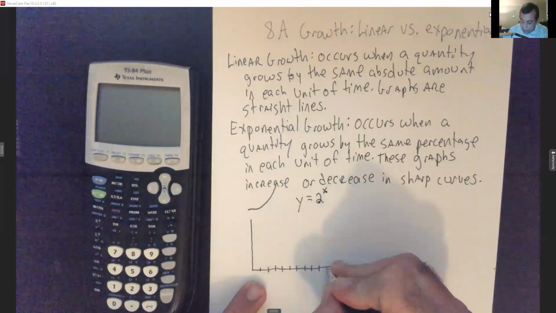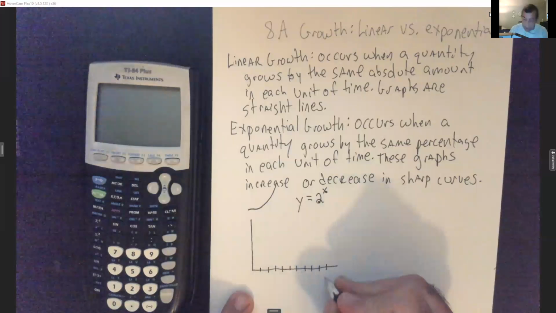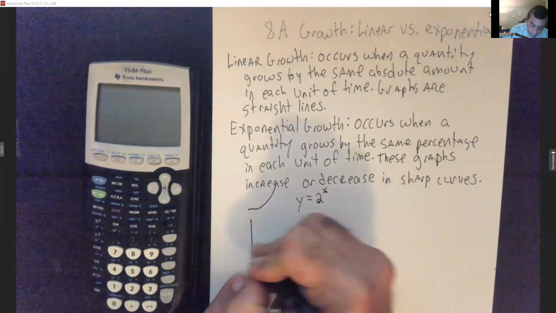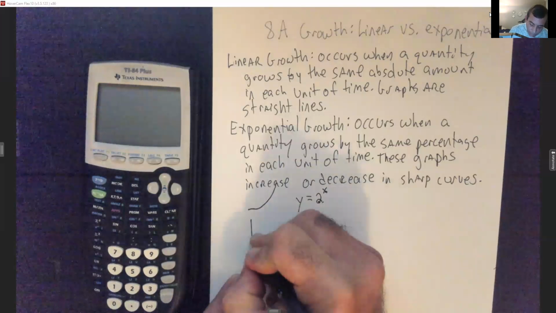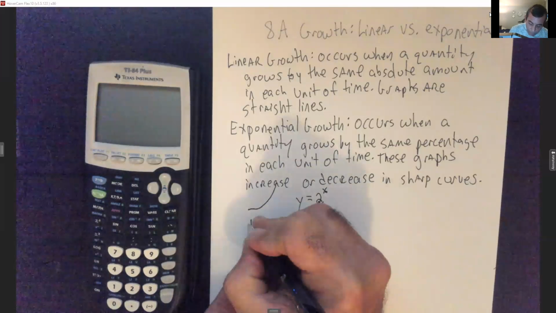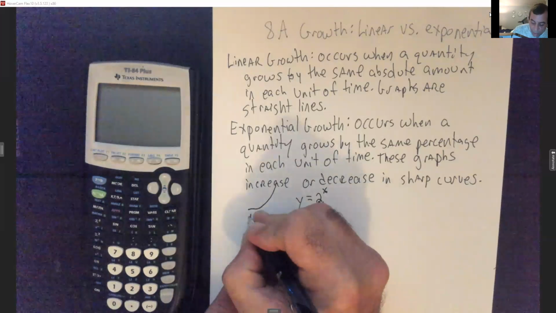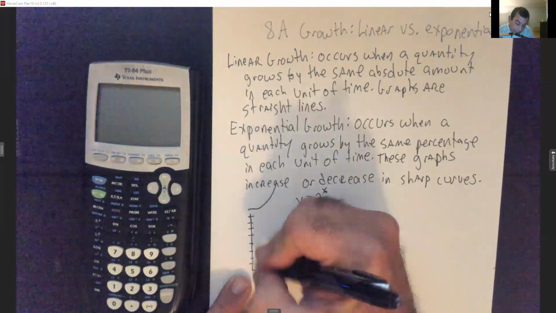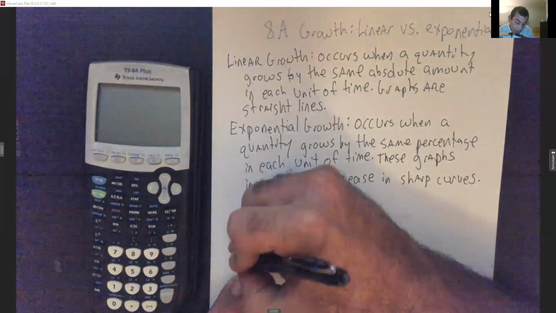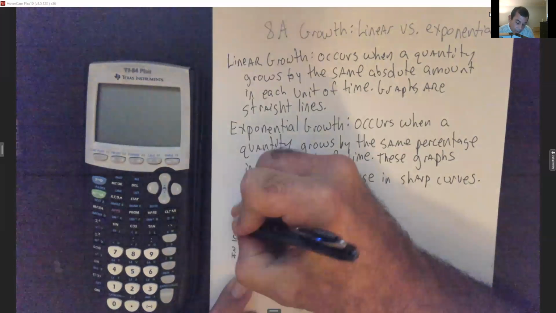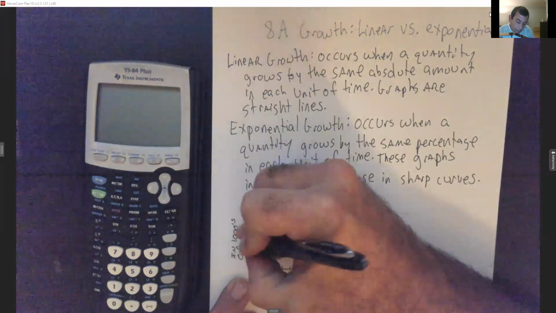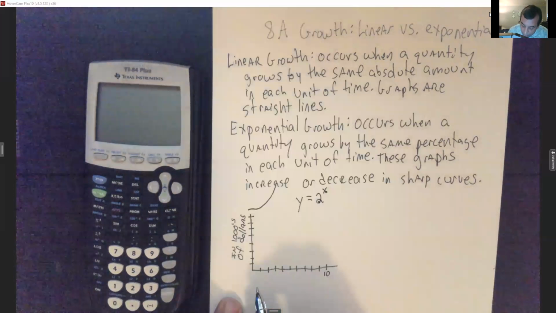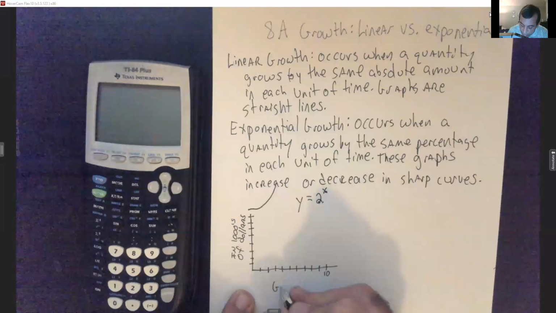I'm just going to make 10 notches out to a 10 on that, and I'm going to go up to 8 on this. This chart is going to be in thousands of dollars, and over here is going to be the number of games played.